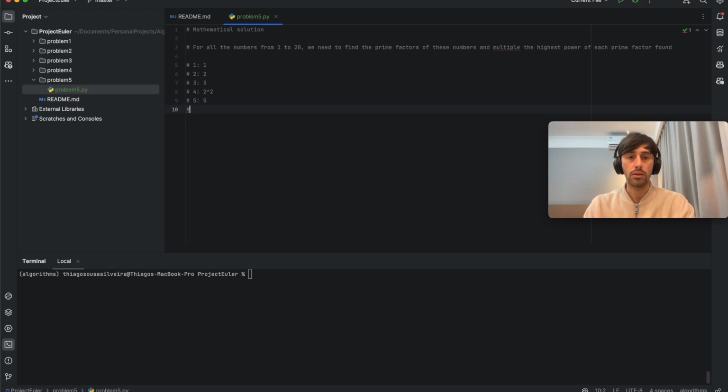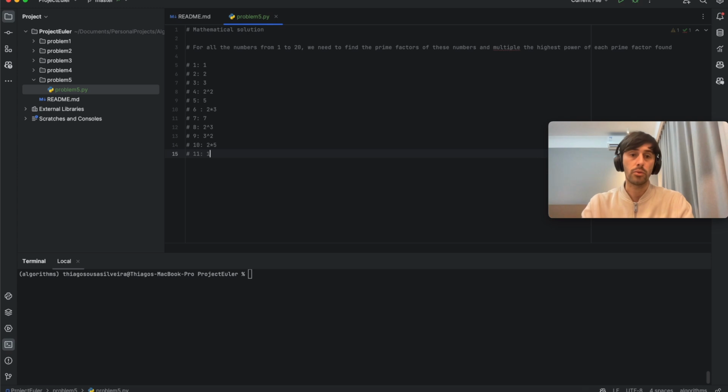The prime factors of 6 are 2 multiplied by 3. 7, another prime number. 8 is 2 power 3. 9 again is 3 power 2. 10 is 2 multiplied by 5.